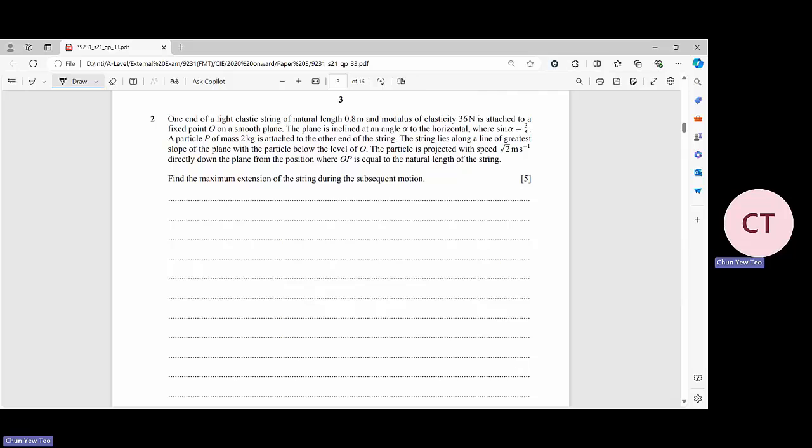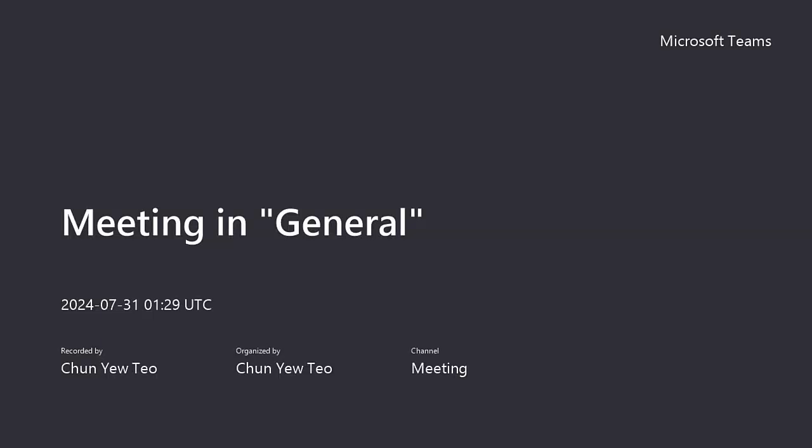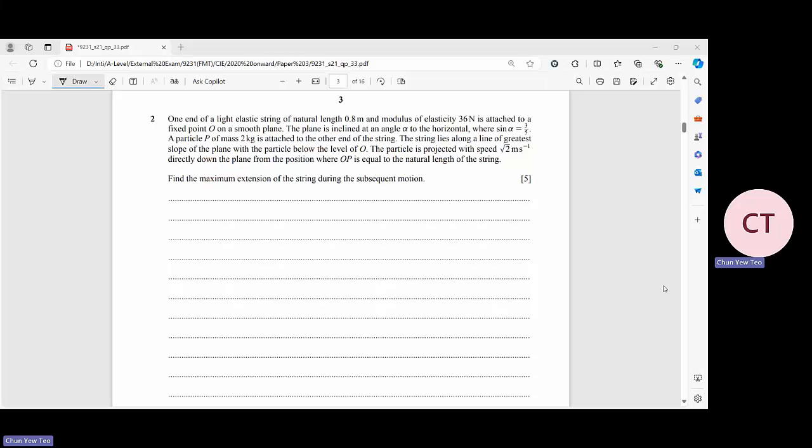Question number 2. A string of natural length 0.8 meter and modulus of elasticity 36 newtons is attached to a fixed point O on a smooth plane. The plane is inclined at an angle alpha to the horizontal, where sine alpha is equal to 3/5. A particle P of mass 2 kg is attached to the other end of the string.